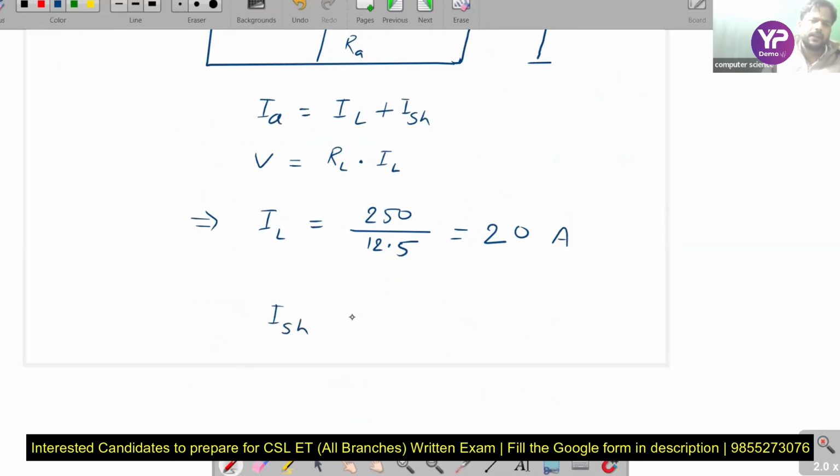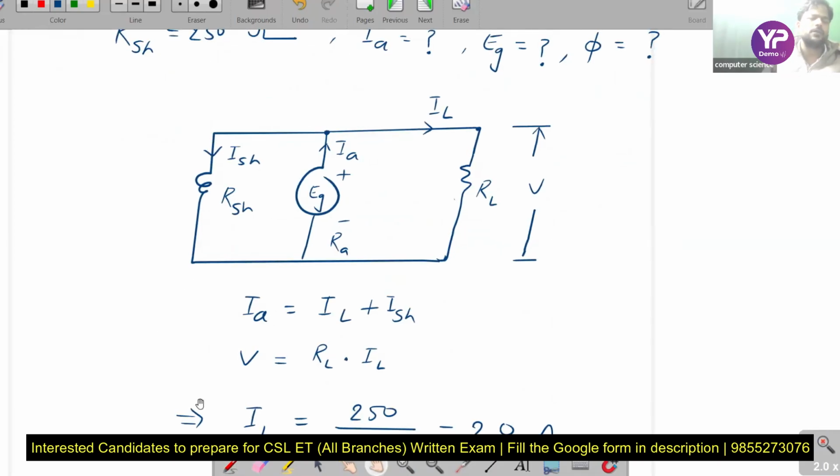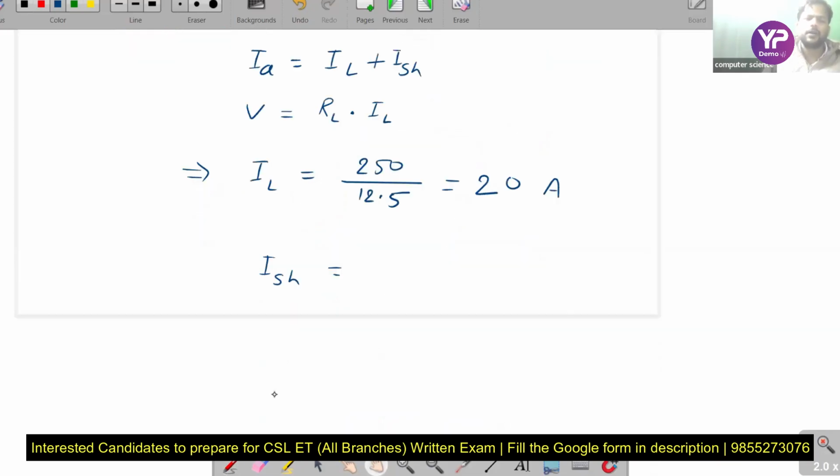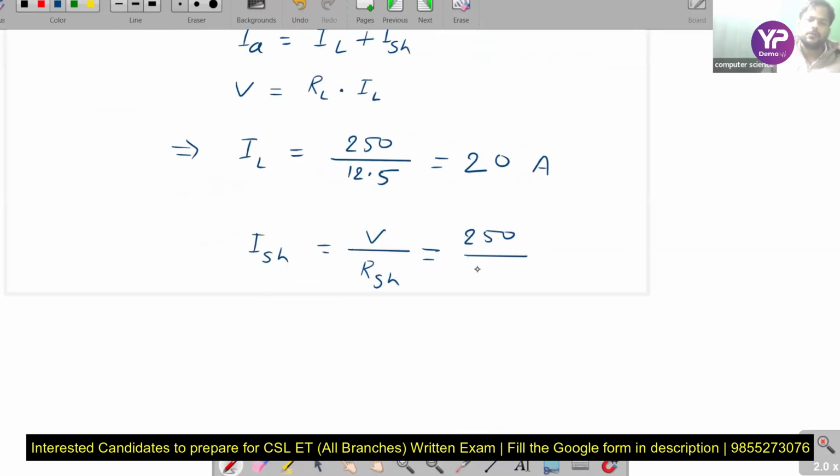Now we need to find ISH. ISH is the shunt field current, and in a shunt machine the voltage across the load is also equal to the voltage across the shunt field winding because this winding is connected in parallel to the load. So ISH equals V by RSH. Here V is 250 and RSH is the shunt field resistance, 250.